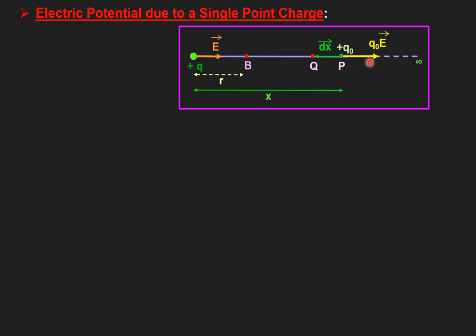It wants to repel the test charge. But what we want to do is move the test charge from infinity to point B, that is, against this force. For that purpose, we have to apply an external force along the negative x direction, just opposite to the direction of the electrostatic repulsive force, and the amount will be the same because we do not want any acceleration on this test charge.